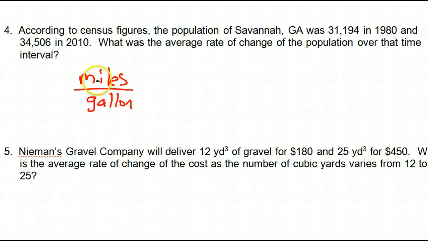So I want to see something similar for each of these word problems in terms of units. So let's see what we're talking about. According to census figures, the population of Savannah, Georgia, was 31,194 in 1980 and 34,506 in 2010. So let's talk about the units before we even get started.